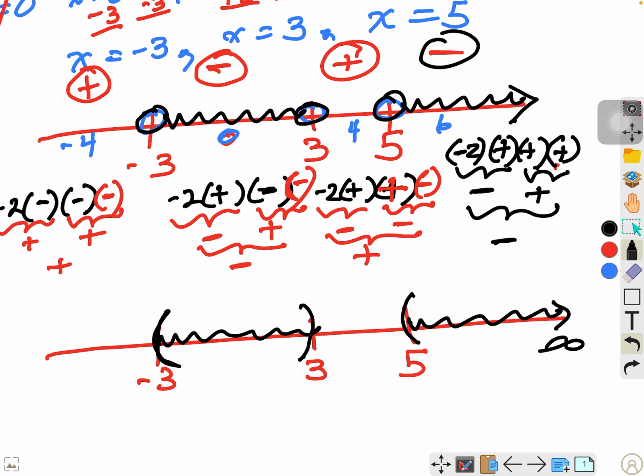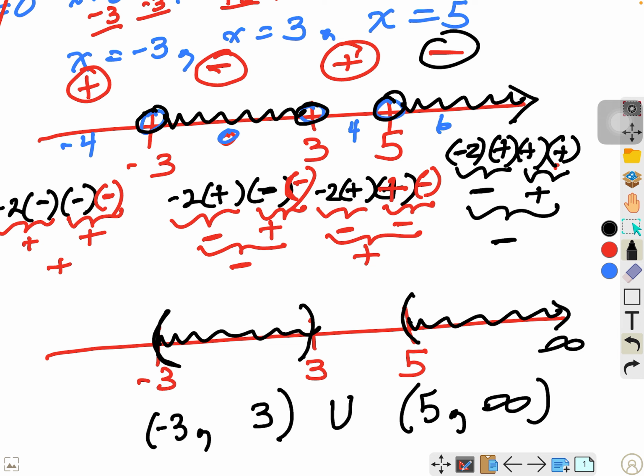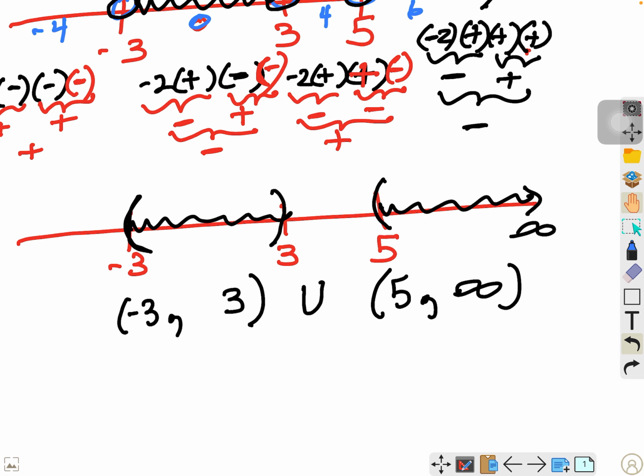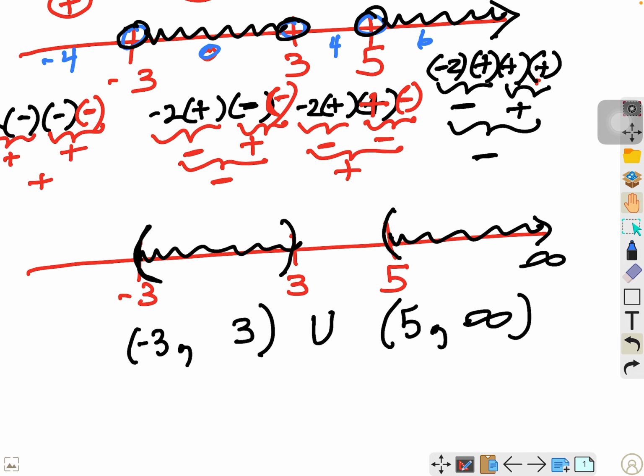Okay? And so when we write our interval notation, open endpoint, not including negative 3, and going out to positive 3 and not including positive 3, united with this final interval, starting with 5 but not including 5, and going out to positive infinity. So this shows us our answer, solution sets both in interval notation as well as graphical notation.